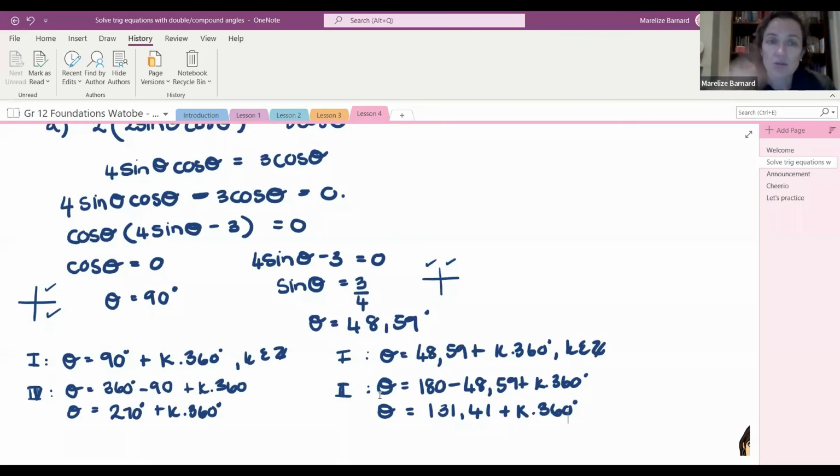As soon as you get your trig ratio by itself with your reference angles, then it's pretty standard from there. Then it's just normal general solution like you always do, which we revised. If you've already forgotten your general solution, go watch the lessons again that we did earlier in this term on general solution. We did quite a lot of them.